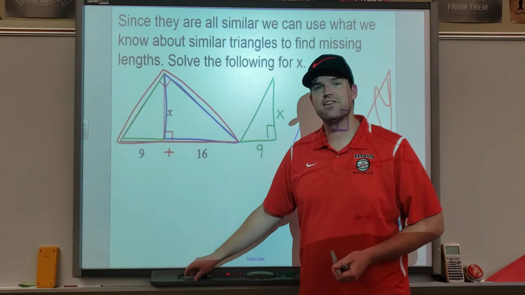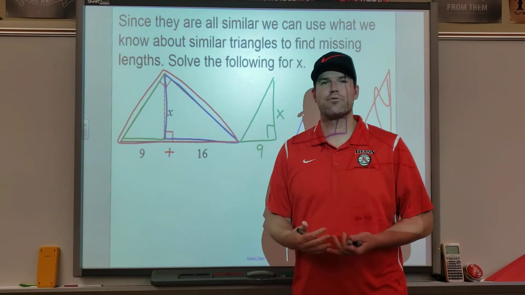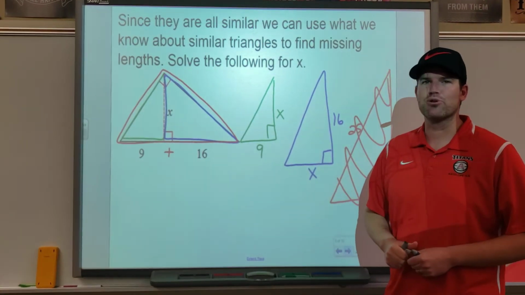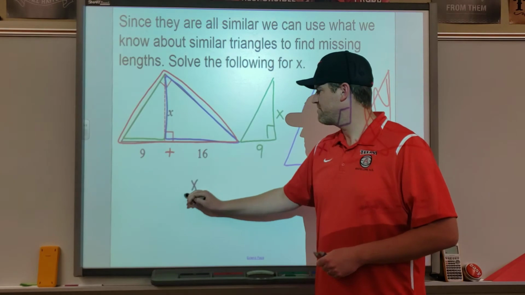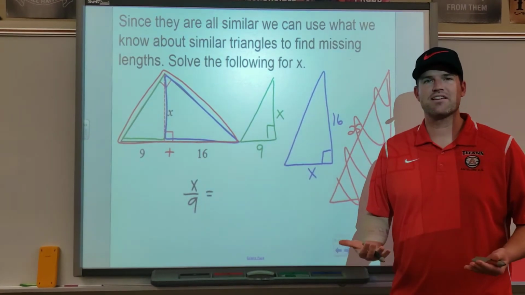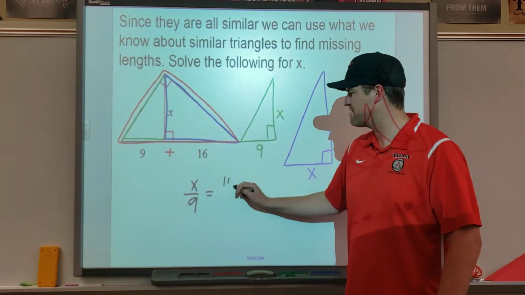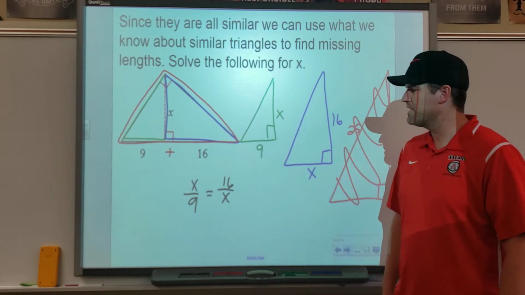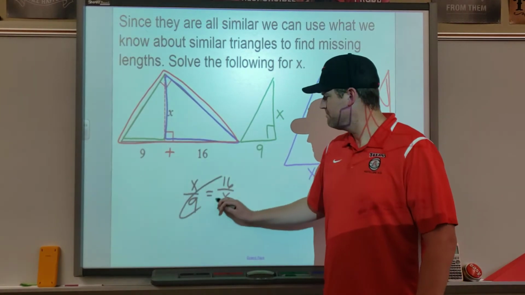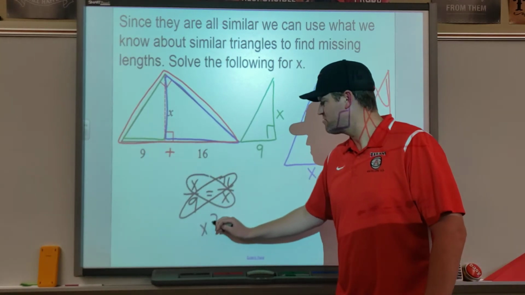And because I know that the altitude of this right triangle will form three triangles that are similar, I know that these triangles will be proportionate. So if I set up my first fraction as x over 9, what would my second fraction be? Yep, 16 over x. All right, here's where we get to see the geometric mean in action a little bit. When we cross multiply, x times x is x squared.